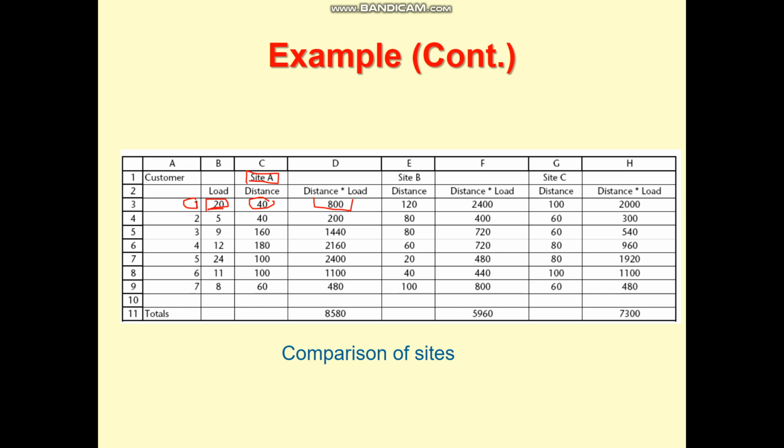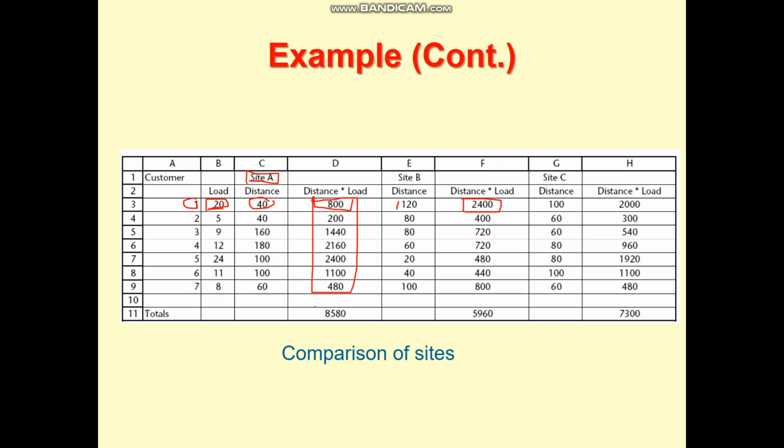The same, we can calculate the distance from customer 1 to site B and multiply with the load of customer 1. So it's 20 times 120, so the value of distance multiplied by load is equal to 2,400. And then we calculate the sum of all distance load values of each site.